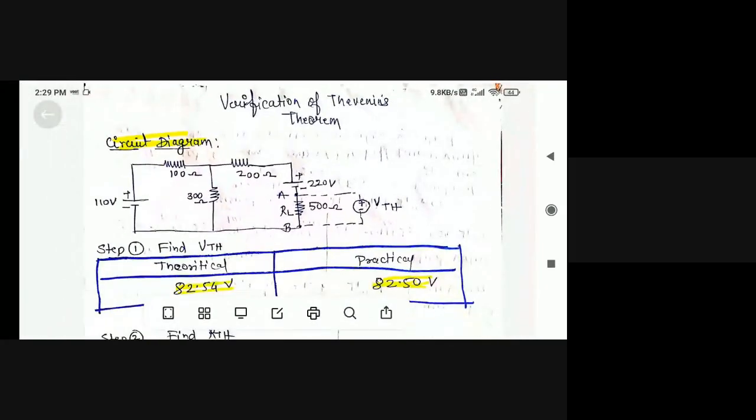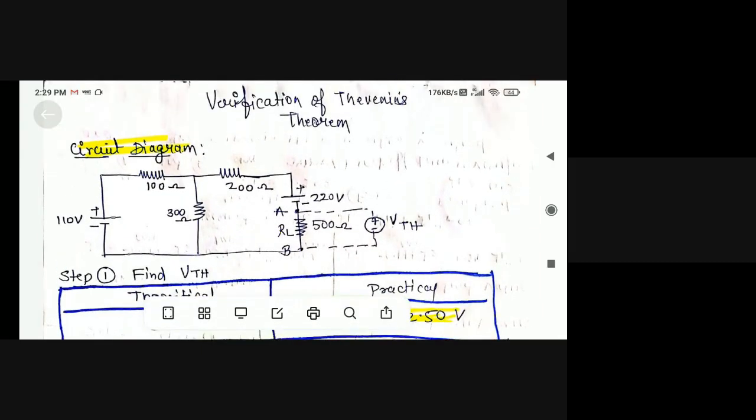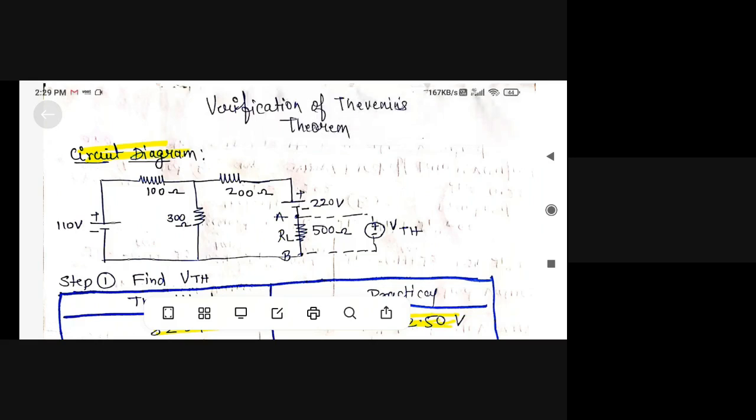So this is the numerical that we have already discussed in the class regarding Thevenin's theorem. I have also told you the step-by-step procedure to solve it. Now as we know, any DC network can be solved with the help of a theorem.